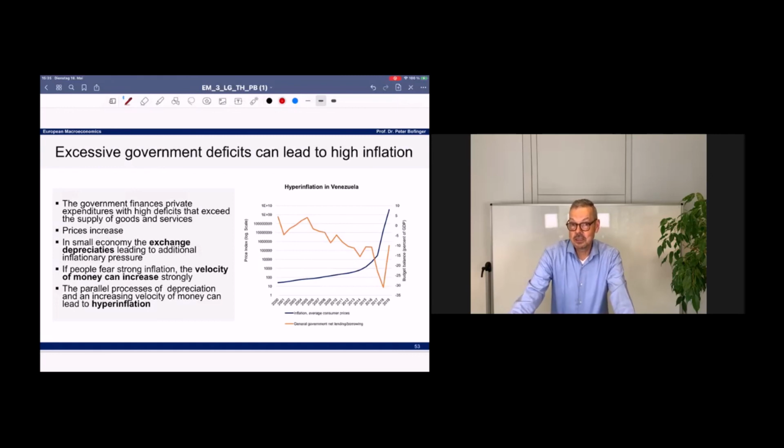When you have high inflation, this can happen. So whenever people get money in their hands, they spend it immediately. So the so-called velocity of money also increases. So you get a kind of vicious circle: the exchange rate depreciates more and more, which drives the inflation rate higher. At the same time, the velocity of money increases, and this altogether can then lead to hyperinflation.